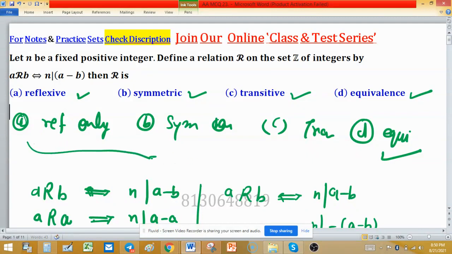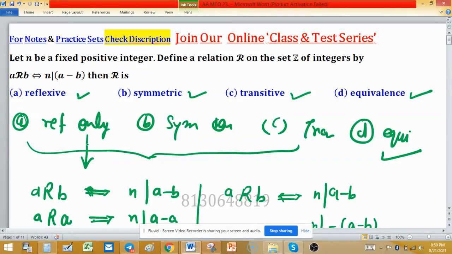So we can't opt for any option other than equivalence relation. If the word "only" is added in these options, then it makes sense what is asked in this question.